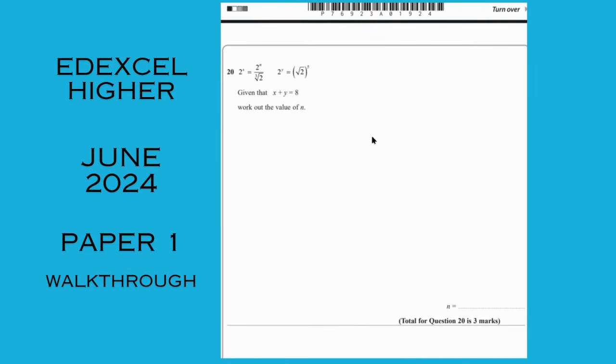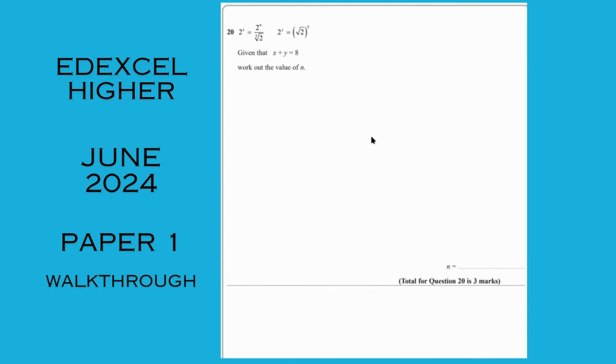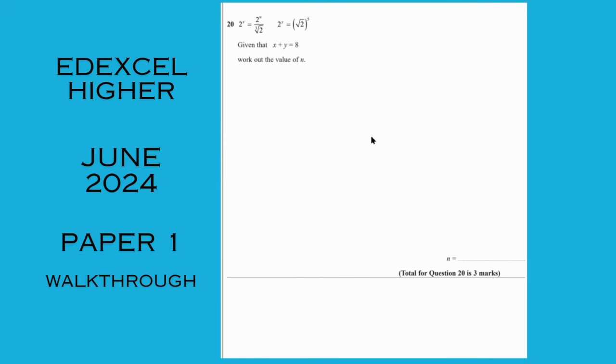On we go. So this one falls into the category of haven't quite seen one along the same lines, despite the fact you'll know it's an indices question. So let's take a look at this first part. Let's not read on. Now, when we have over, it means subtract, let's not forget.